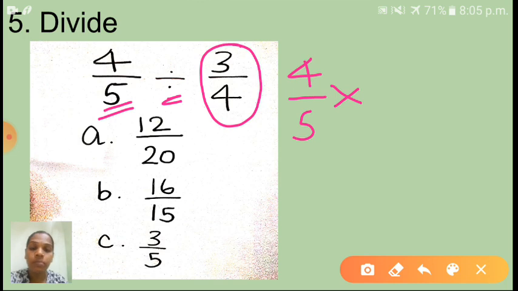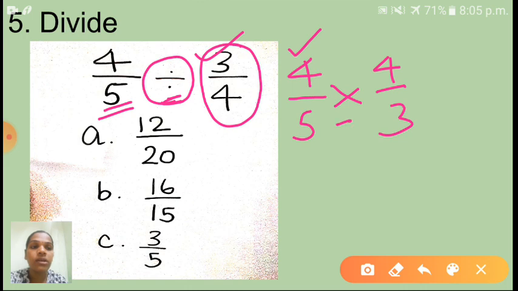So 3 upon 4, can anyone say the reciprocal of this 3 upon 4? Very good, 4 upon 3. So if you want to divide one number with a fraction, what is the first step? Write the number as it is, and this division sign you have to convert into multiply.